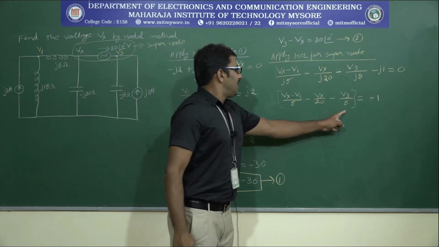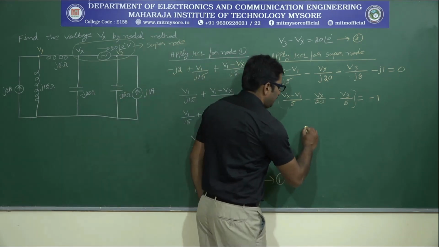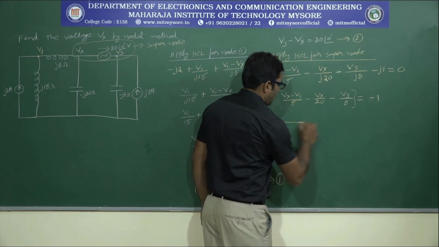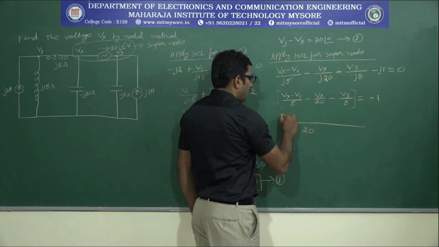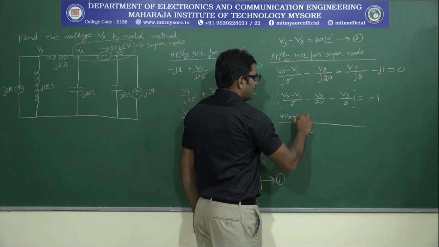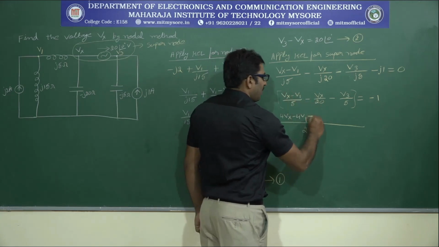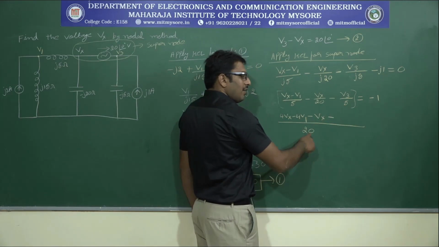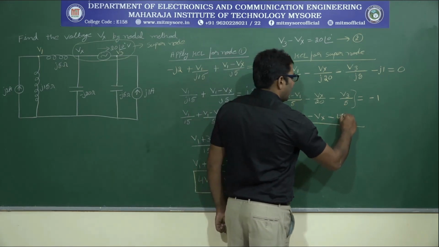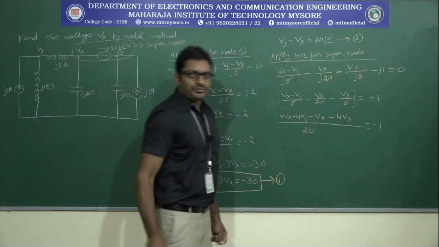Next, take the LCM of these three terms. What is the LCM? 20. So 20 divided by 5 is 4. So 4Vx minus 4V1. Then 20 by 20 is 1, minus Vx, and again 20 by 5 is 4, so minus 4V3 is equal to minus 1.